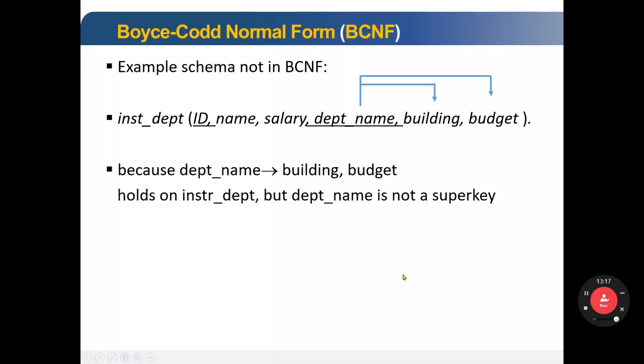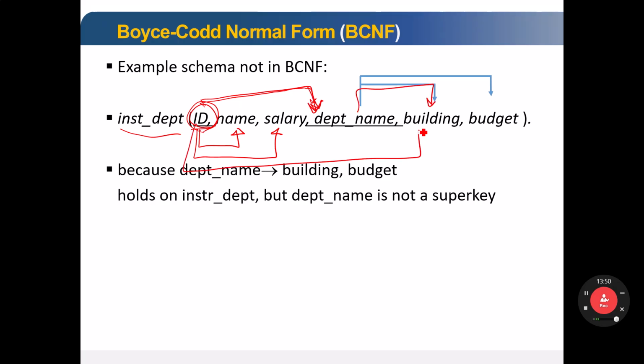So let's look at an example that is not in BCNF. Instructor department. We combine the instructor table with the department table. So ID determines name, salary and department name. Department name also determines building and budget. Using the transitivity rule, we can say ID determines building because ID determines the department name and department name determines building.